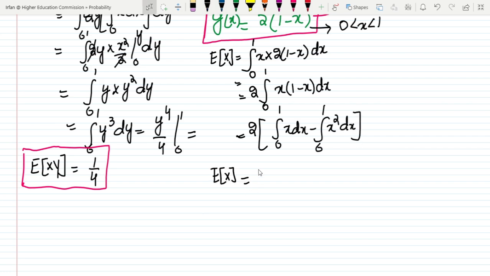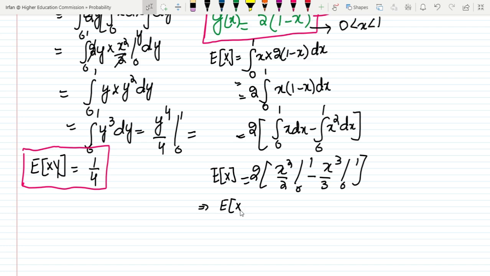Now finding it out, it would become 2 times [x squared divided by 2, from 0 to 1, minus x cubed divided by 3, from 0 to 1]. Ultimately the expected value of x would be 1 by 3.